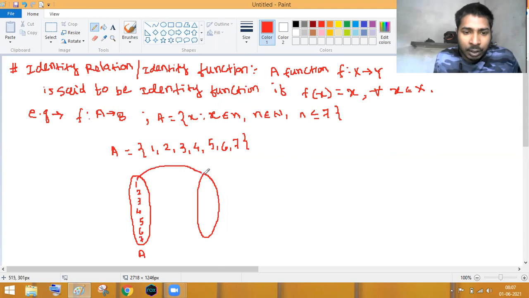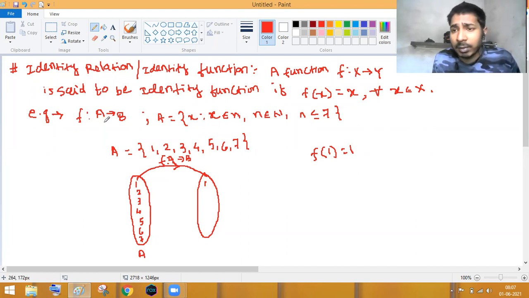A function is defined from the given set A to B. If you put in the place of x a 1, then your answer is 1 only. मतलब 1 के लिए आपको यहाँ पे जो match होगा 1 होगा. Means whatever the set A will be here, the same set we have to define for B also. So for the identity function, हमेशा याद रखना, the function is always defined from set A to A or from set X to X.